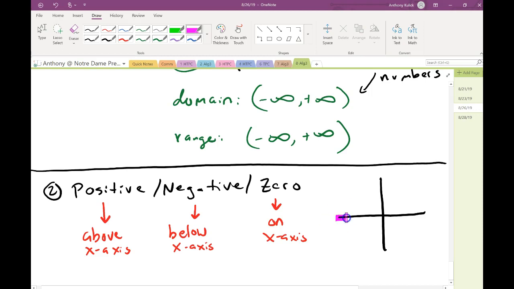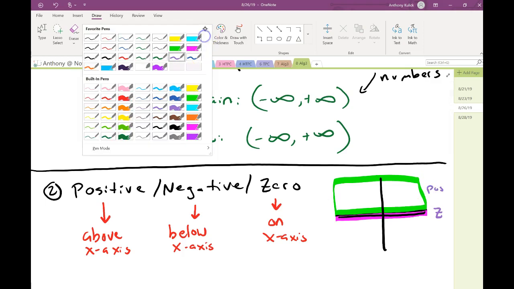So if we're looking at the parts of the graph, the stuff on the x-axis are my zeros. The stuff above the x-axis are my positives.